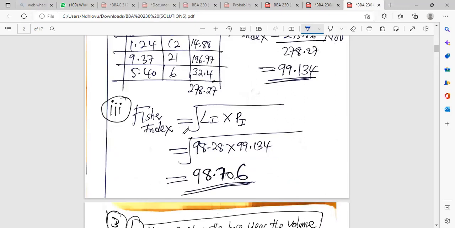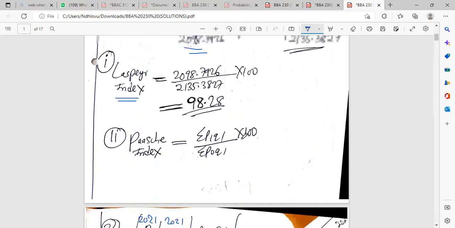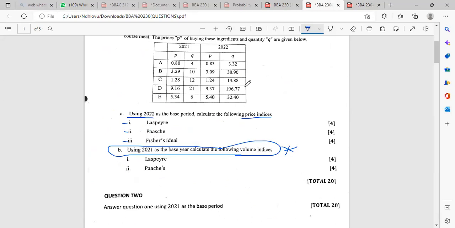So the Fisher index is simply the product of the Spies index and the partial index, where we are getting 98.706. Okay, so we are on this Fisher index, unless there are questions so far. So that's the square root of the last price index and the partial index. So we're getting 98.706.